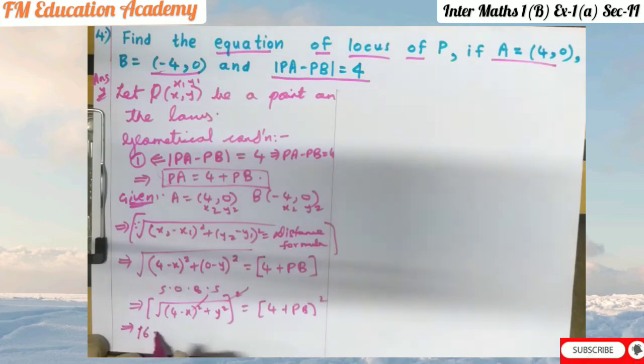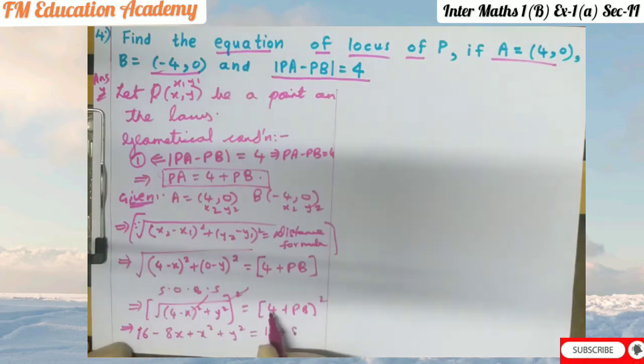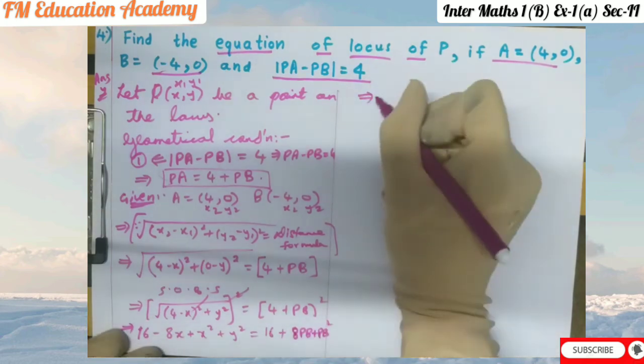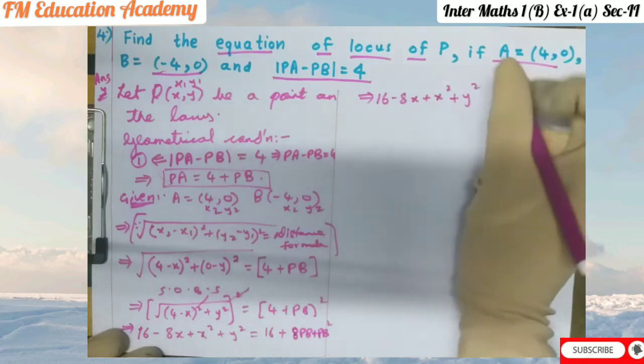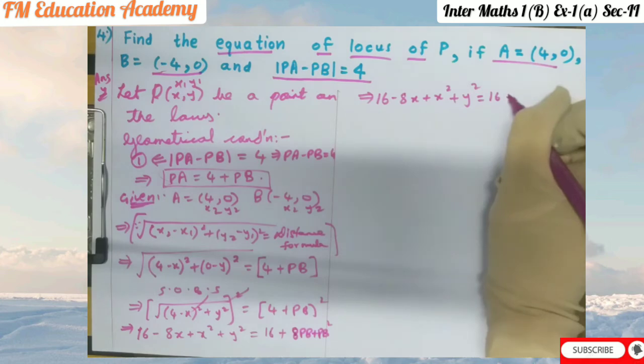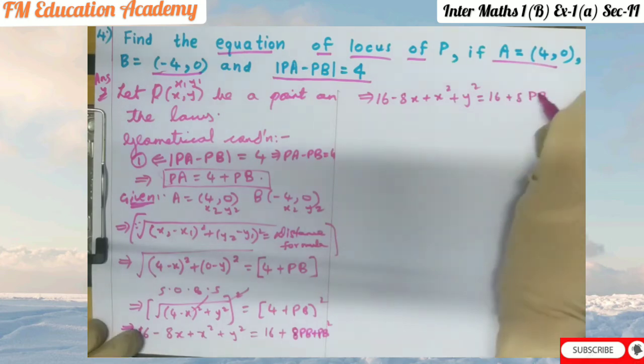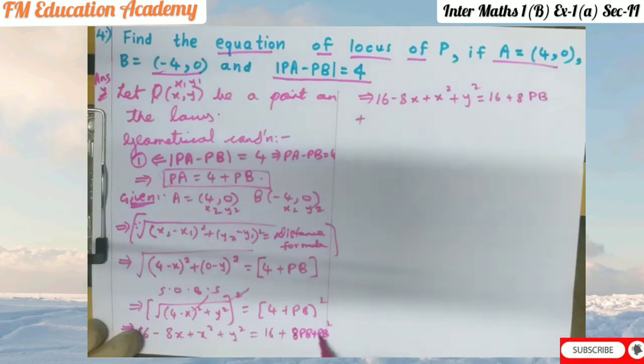A square is 4 4s are 16, minus 2 4s are 8 into x, plus x square plus y square, is equal to (a plus b) whole square: a square, that is 4 square is 16, plus 2ab, 2 4s are 8 into PB, plus PB square. So we are left with 16 minus 8x plus x square plus y square is equal to 16 plus 8 PB. Now we'll open this PB square.